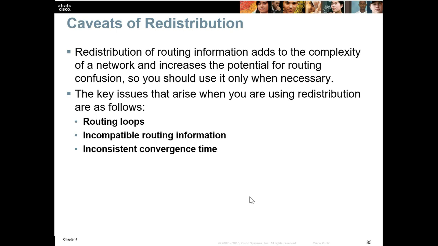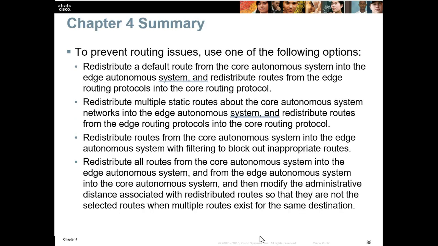Okay, so here are some options, okay, to prevent any routing issues yang kita dah tengok sebelum ni. Okay, redistribute a default route from the core autonomous system into the edge autonomous system. Okay, so ni guideline lah. So if it's the core, for example dalam OSPF kita ada area 0, so we redistribute a default route.